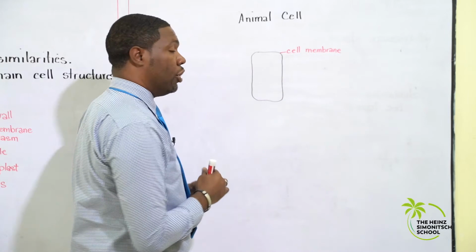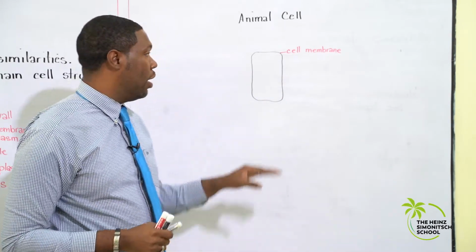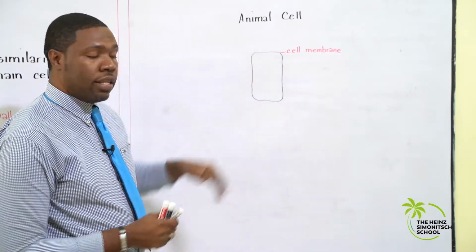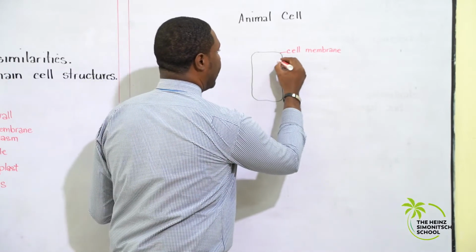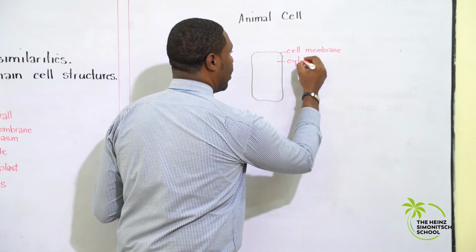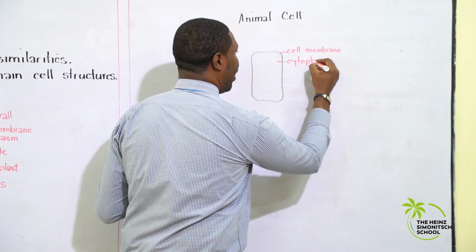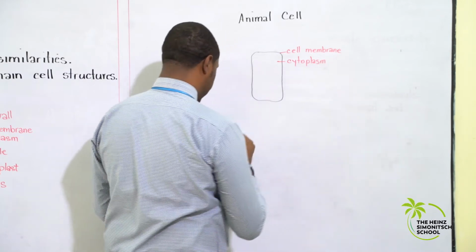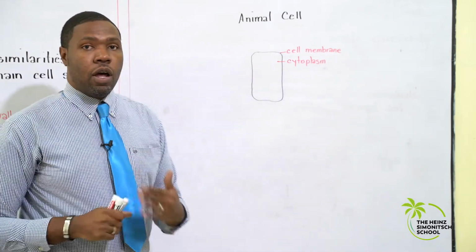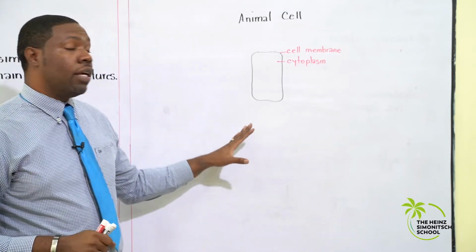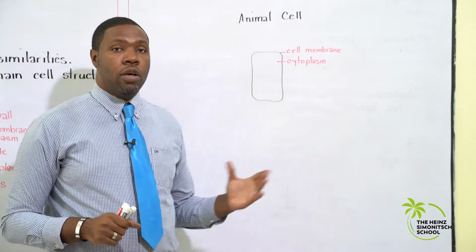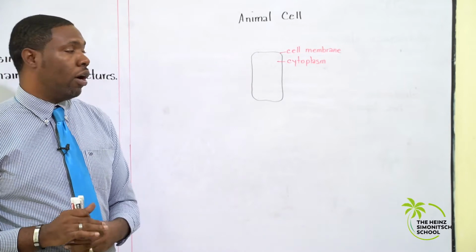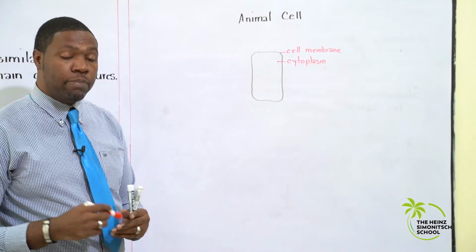And just like the plant cell, all this area inside is called the cytoplasm. Now, unlike the plant cell, the animal cell also has a vacuole, but it's much, much smaller. As a matter of fact, it's called the small vacuole.